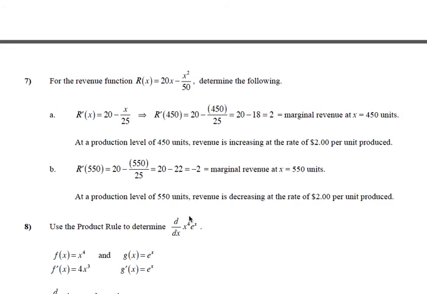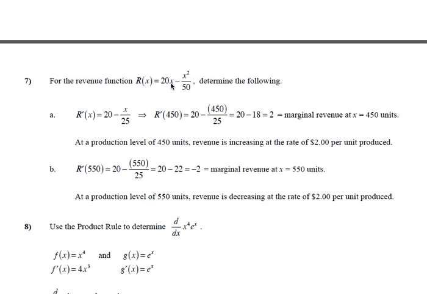Okay, now the next question, question 7, asks us to determine the marginal revenue at a particular value of x, and when you hear marginal, think derivative. So we have a revenue function, and we use the power rule to find its derivative. 20x is a linear term.